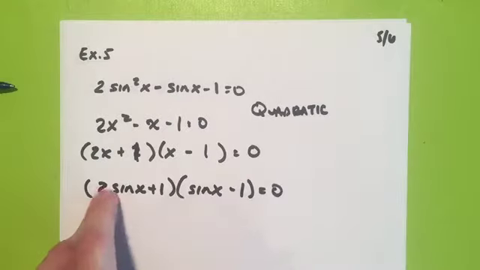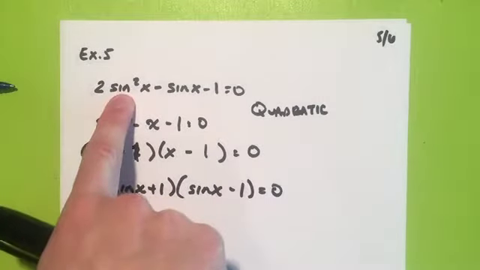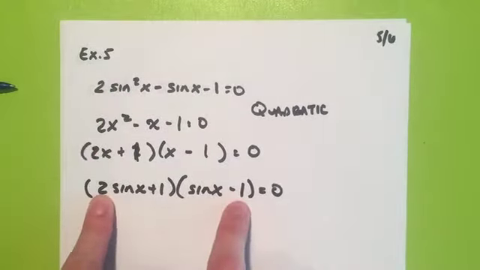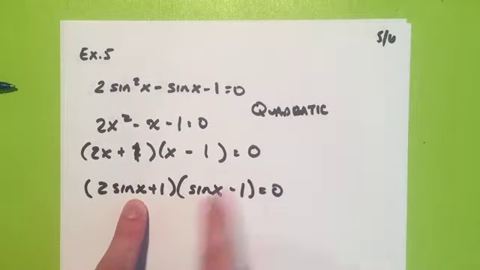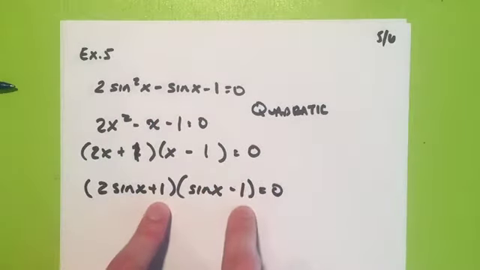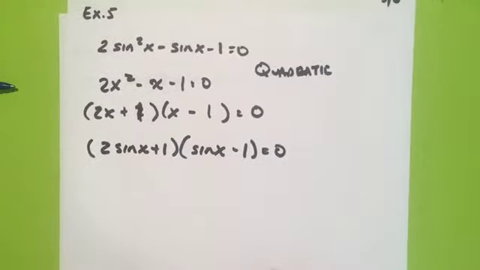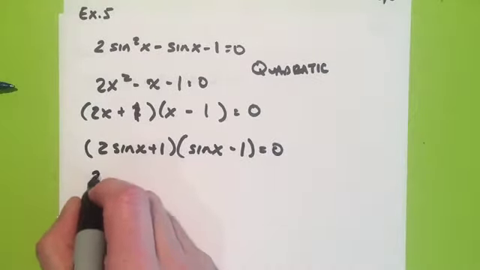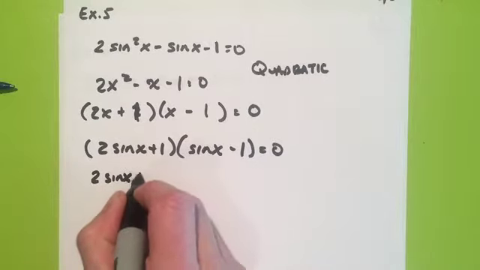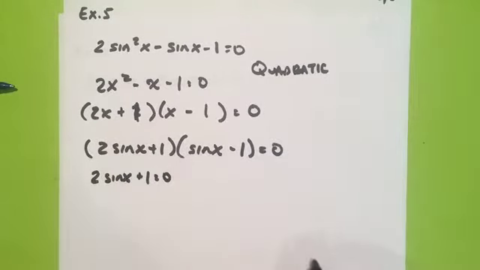Checking that this works, 2 sine x times sine x gets us 2 sine squared. It's going to be minus 2 sine plus sine gets us minus sine. 1 times negative 1 gets us negative 1. Same as the last one, using the zero product property, I can now set each individual factor equal to 0.